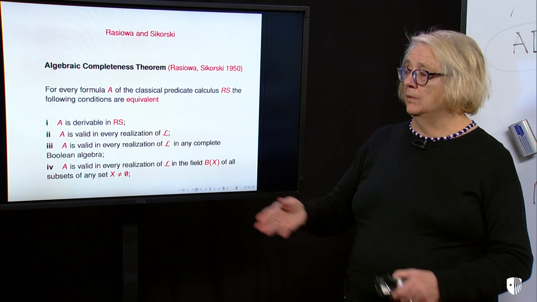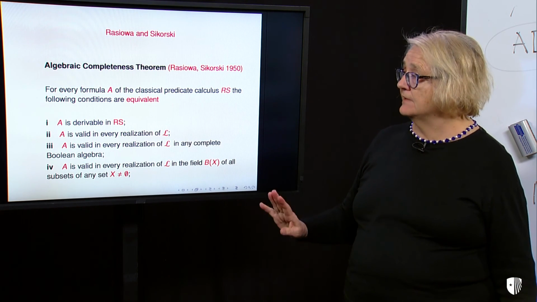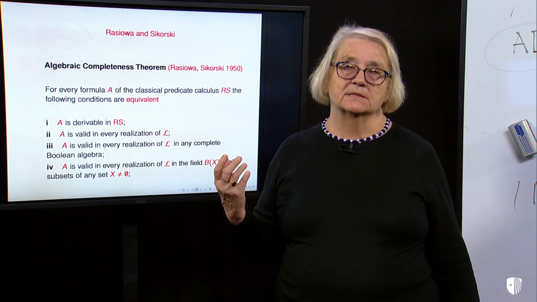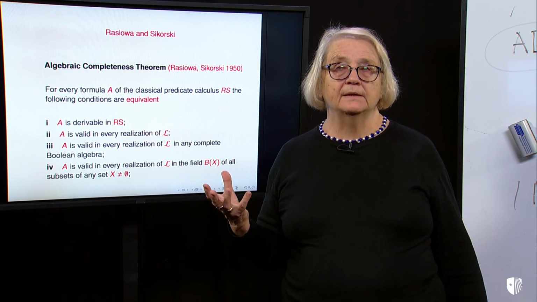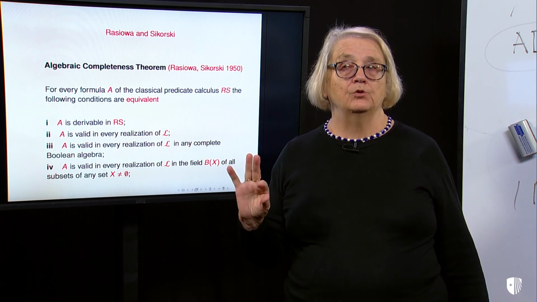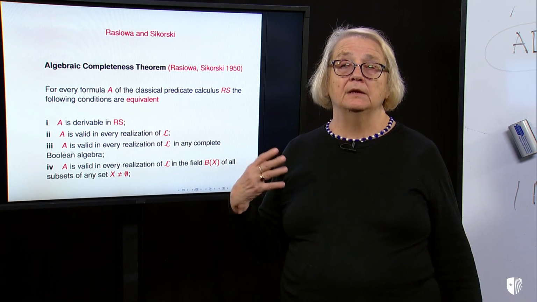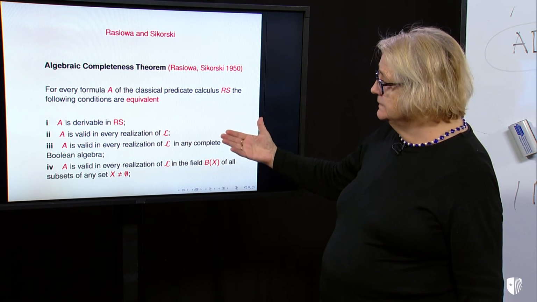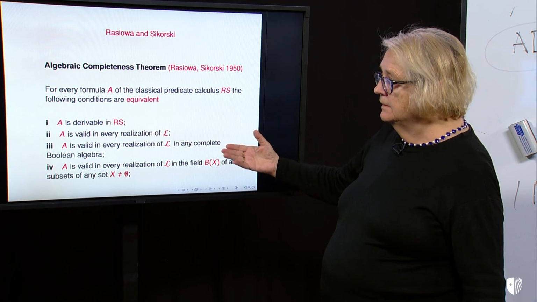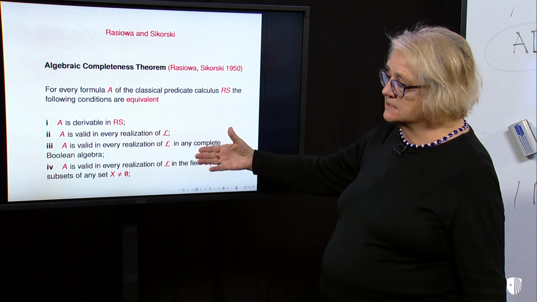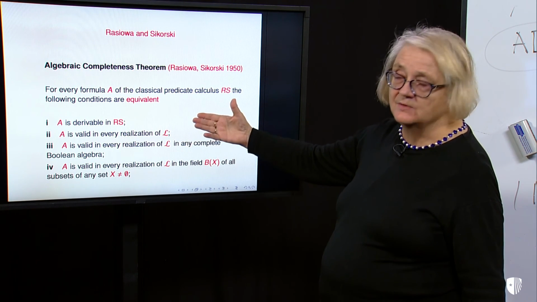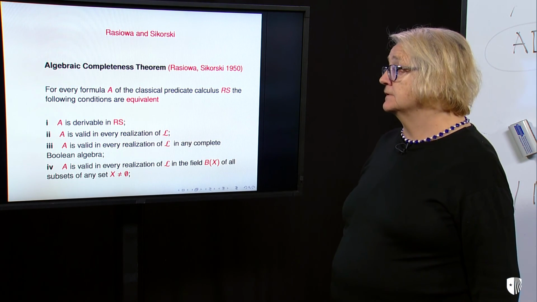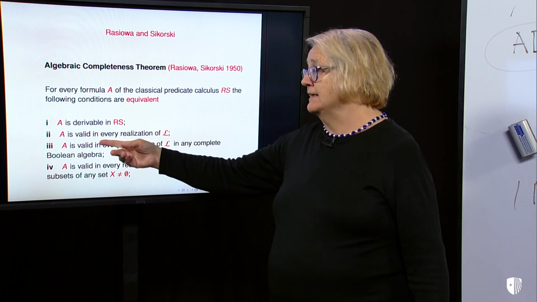We already discussed in chapter 7 that Rasiowa and Sikorski generalized the completeness theorem, which was only about true and false, to any Boolean algebra. That generalizes the algebraic statement of the completeness theorem to predicate logic. So now derivable means valid.